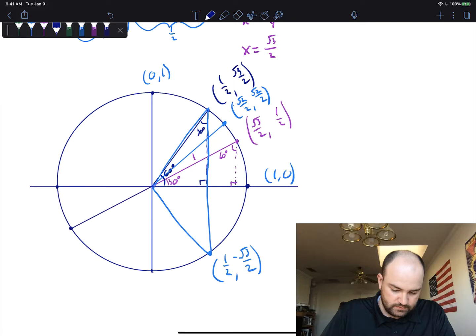I want to know what that is, but that's, again, with this 30 degree, and it's this one. So I'm going to reflect this one across the y-axis and also across the x-axis. Reflecting across the y gives us the x to be negative. Reflecting across the x gives us the y to be negative. So both of these change their signs, which means that this coordinate here would be negative root 3 over 2, negative 1/2.